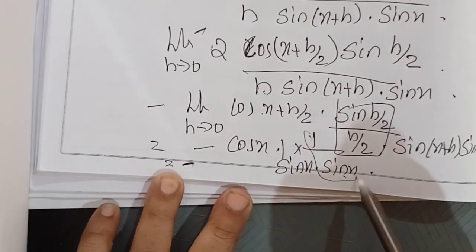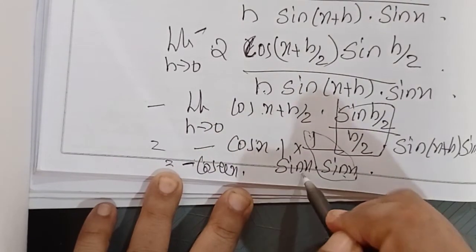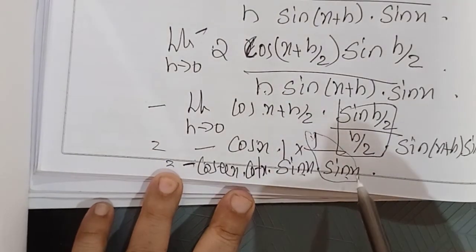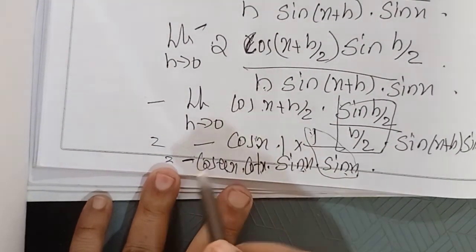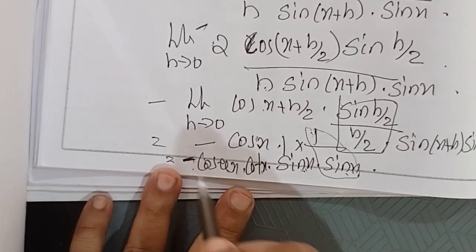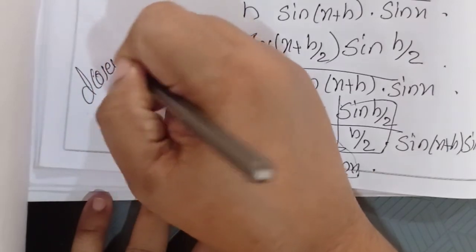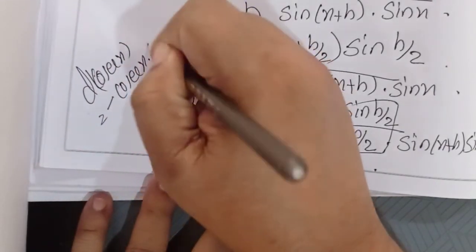All of you look here. 1 by sin x is cosec x, and cos x by sin x is cot x. I repeat, 1 by sin x is cosec x, cos x by sin x is cot x. Therefore, the answer is minus cosec x cot x. The derivative of cosec x is equal to minus cosec x cot x.